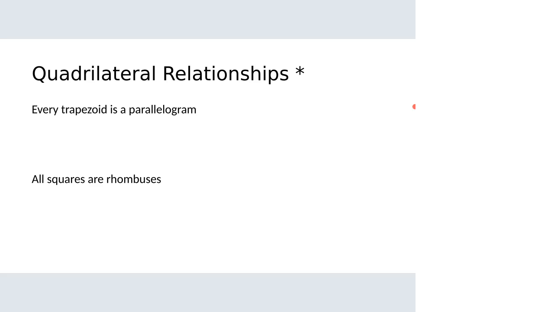The first one listed is the statement at the top of the page, every trapezoid is a parallelogram. The second one listed is the statement at the bottom of the page, all squares are rhombuses. And you just decide true or false on each of those and then pick the appropriate response.